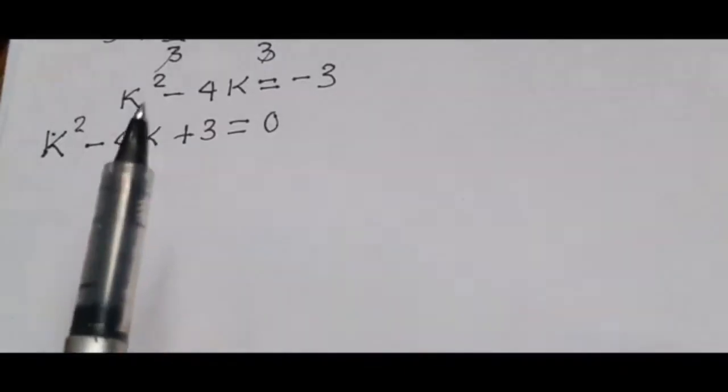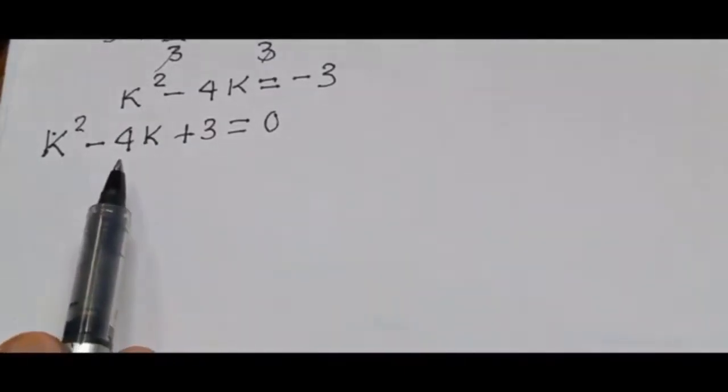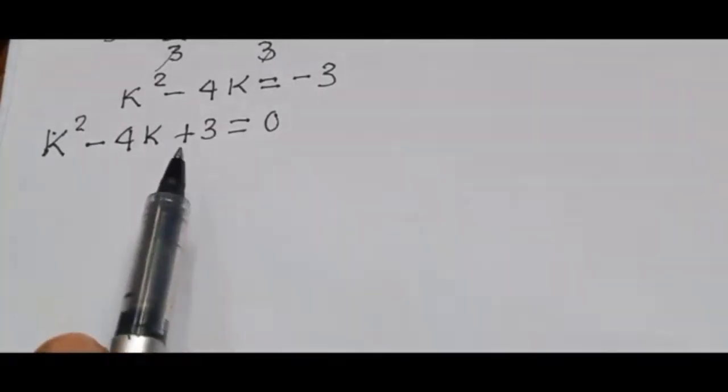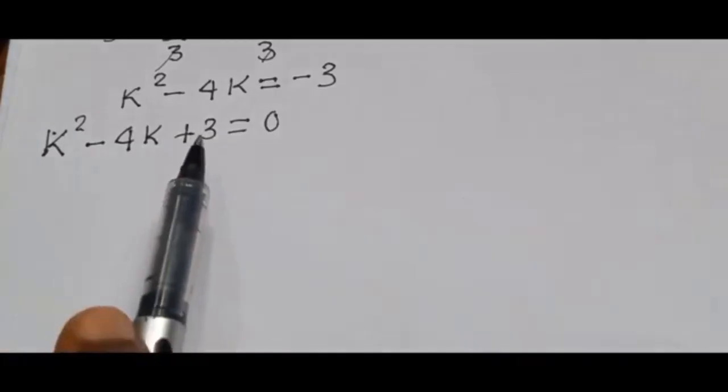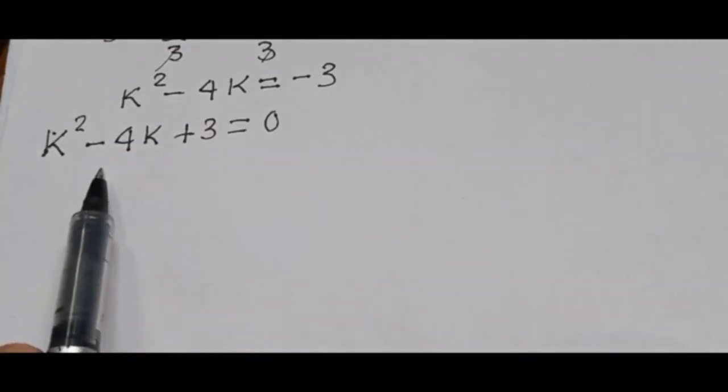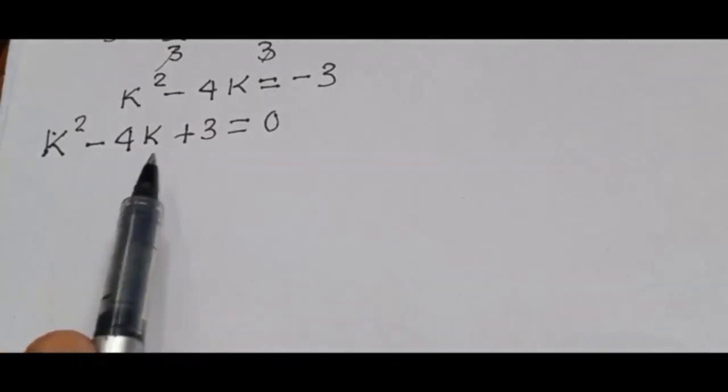We are supposed to find two numbers or two factors. Once we add them, we get -4. The same numbers, once multiplied, we get positive 3. These numbers are negative 3 and negative 1.